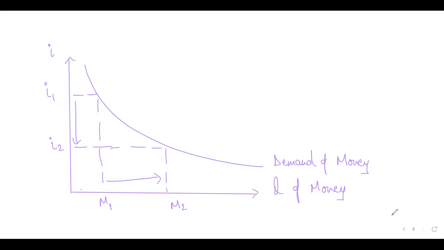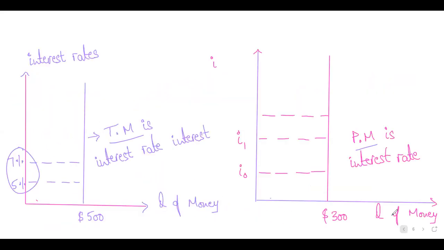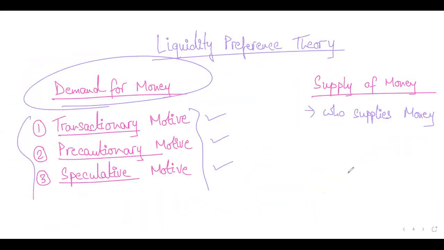Who supplies money, according to liquidity preference theory? It's the central bank, because they are thinking about currency notes. The central bank is the one that prints currency notes in any country, so the supply of money in an economy is determined by the central bank.